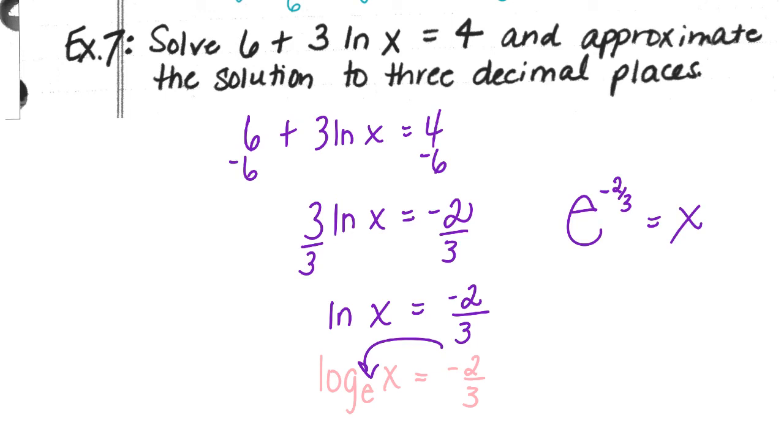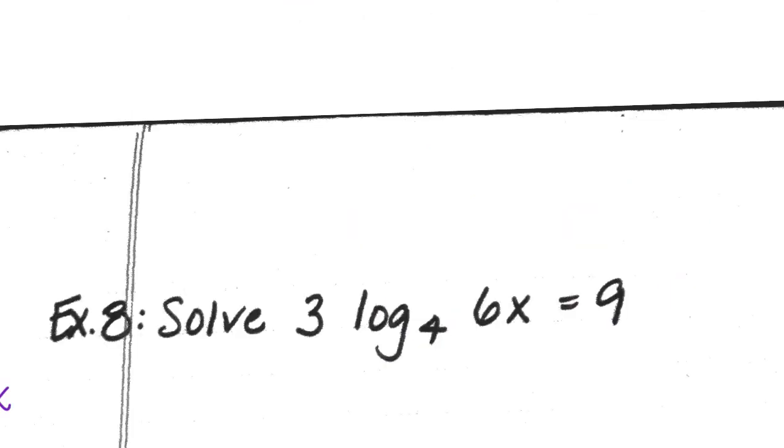So I'm going to take my TI, I'm going to put e to the -2/3, and that is equal to 0.513417. So if I have to round 3 places, I'm going to round it to 0.513.